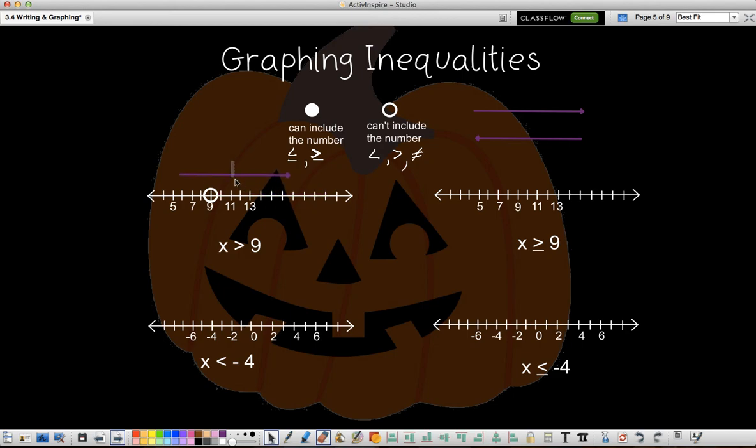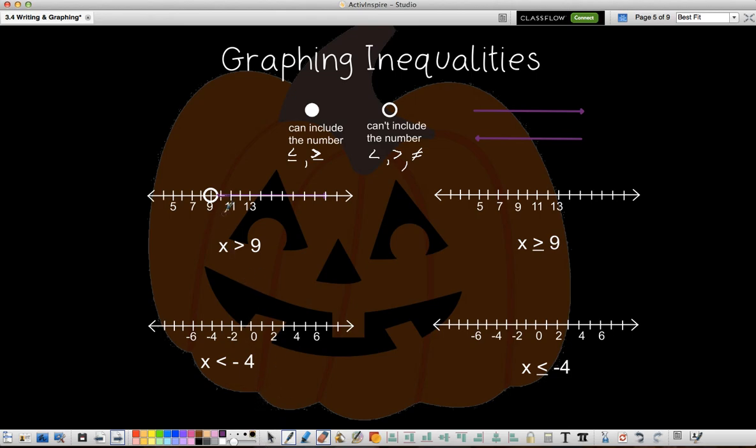Okay, and actually let me try to make this a little bit bigger. Okay, so now what this means is any number that covers this, so I'm actually going to draw it so you can see it.